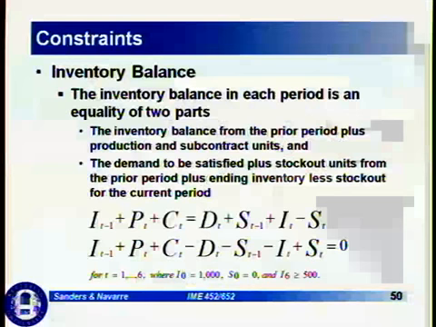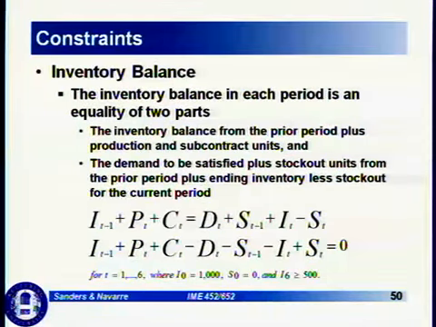Next we're going to calculate our inventory balance. The inventory balance for each period is an equality of two parts. It's the inventory balance from the prior period plus production and subcontract units. That's the inventory balance from the prior period plus production in the current period plus the units we purchase on the outside.